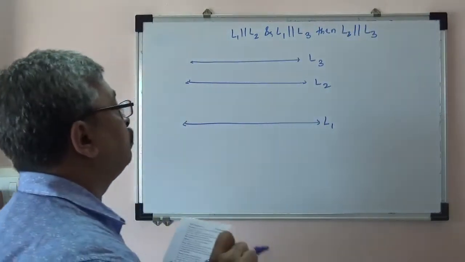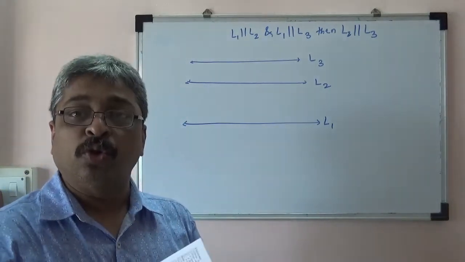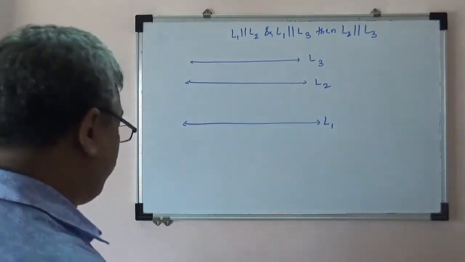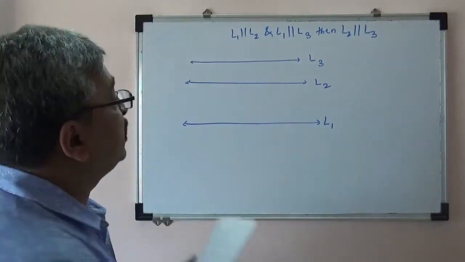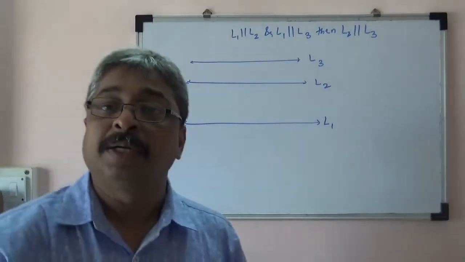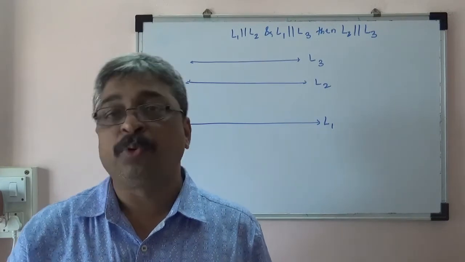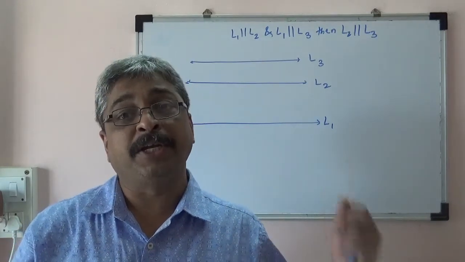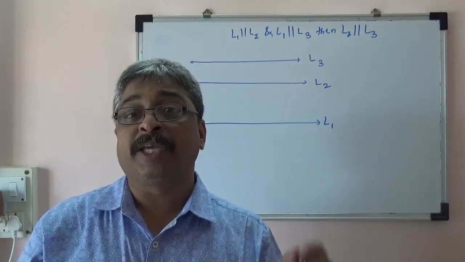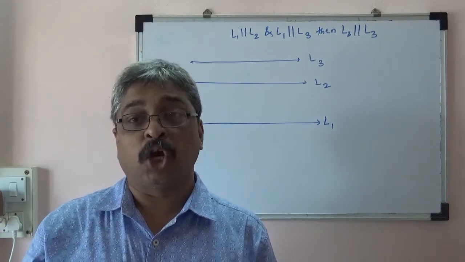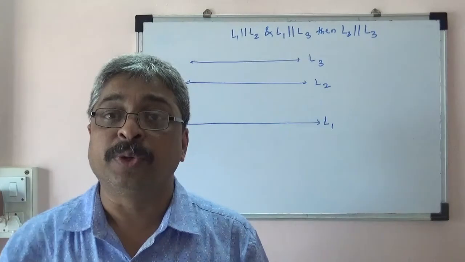Now, the majority of students in school, and maybe the textbooks also, would like to prove this by drawing a transversal. Let line T be such that it intersects all three of them. But if we really get into the details of the proof, the first thing we need to prove is that there exists a line which will intersect all three lines, and then we can use corresponding angle or alternate angle properties to prove that L2 is parallel to L3.